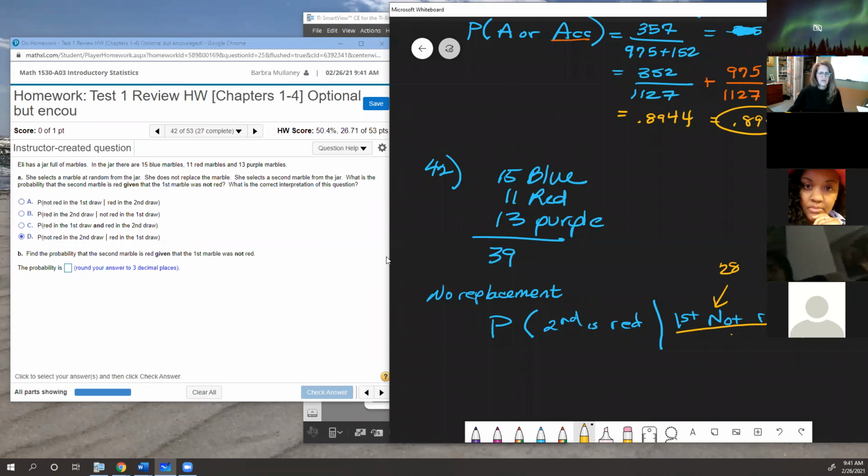Because it's 15 blue plus 13 purple. So that's our new total. So this is equal to something over 28. 11/28.